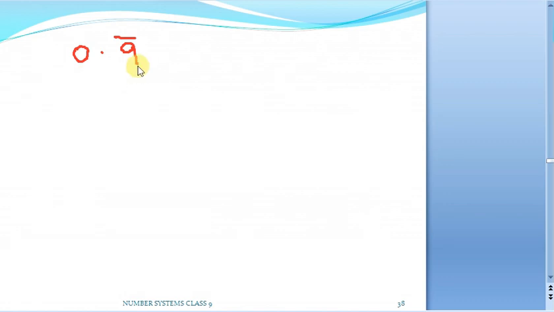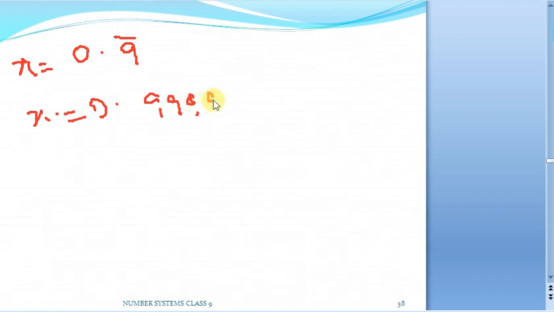So let us follow our conventional method of how to convert it. Let us say x is equal to 0.9 bar, which is nothing but 0.9999. This is a pure recurring decimal. Why? Because there are no digits after the decimal point which are not repeating.